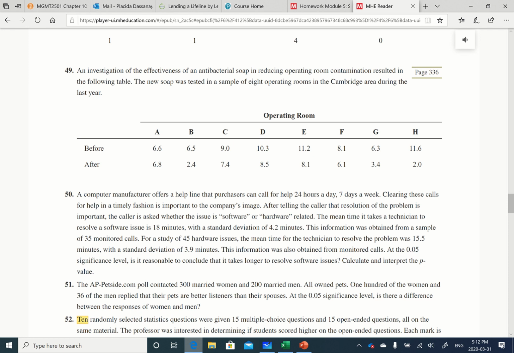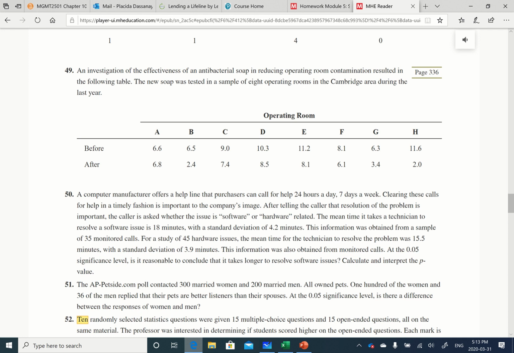So they want to know effectiveness. It doesn't say what we are recording here. So we will assume that effectiveness is on a scale, right? 6.6 on a scale of, I don't know, 0 to 15 or something.